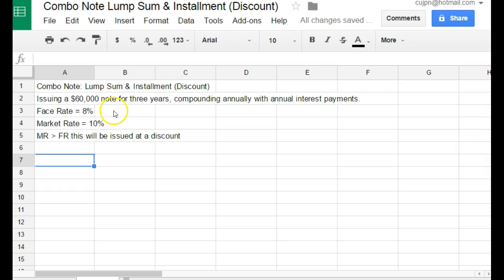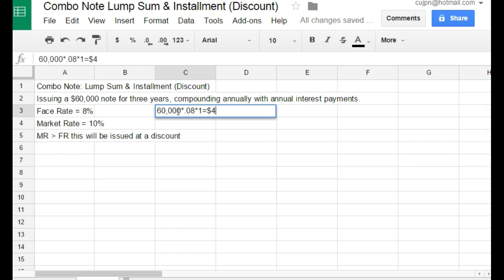The way we calculate the payment of interest is principal times rate times time. We take the $60,000 and multiply it by 8%, and since it compounds annually, the time is 1. We get a grand total of $4,800.